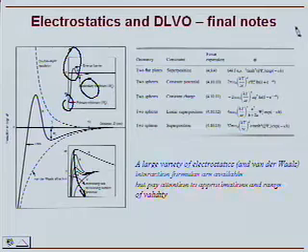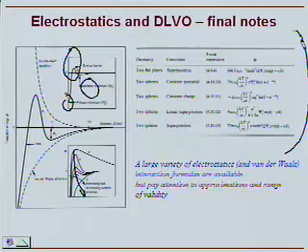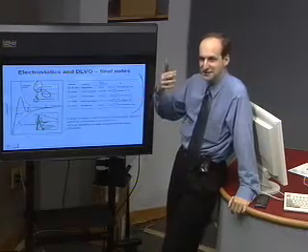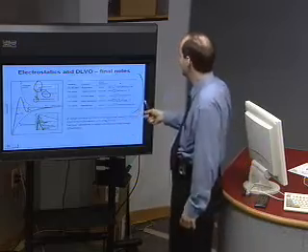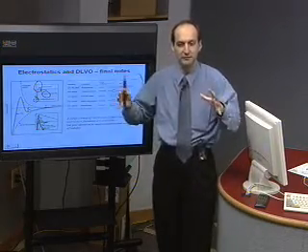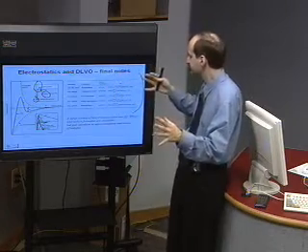Now, what I have done here is I have copied a table from a book which summarizes different formulas for electrostatic interactions. In the previous lecture, we just derived the basic formulas. What I have here are formulas which people can use in real calculations.